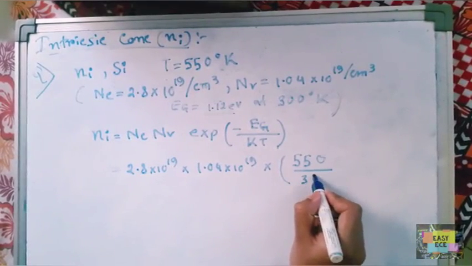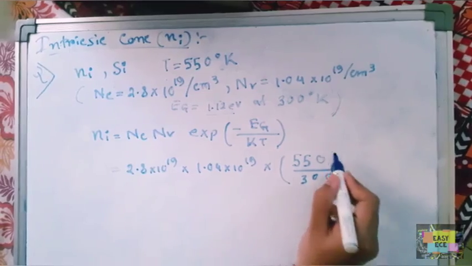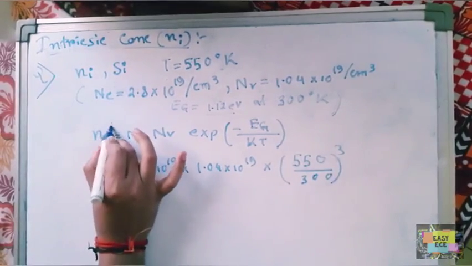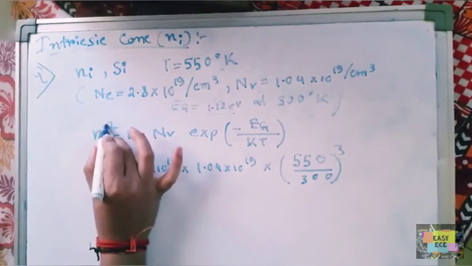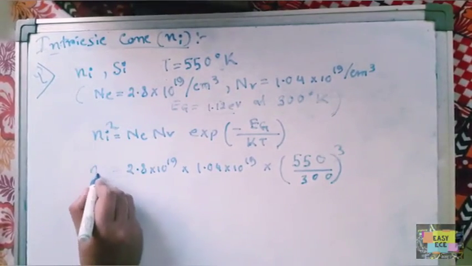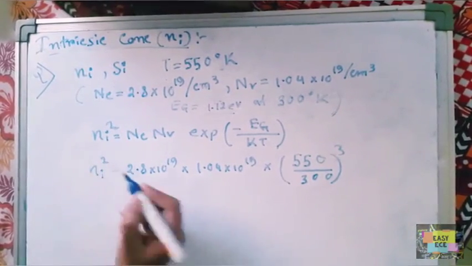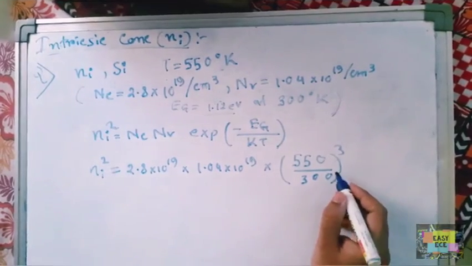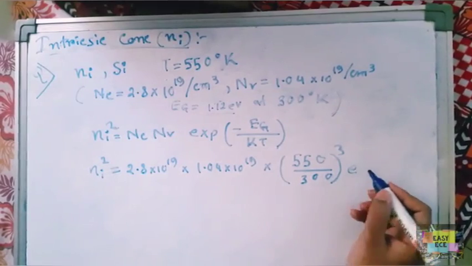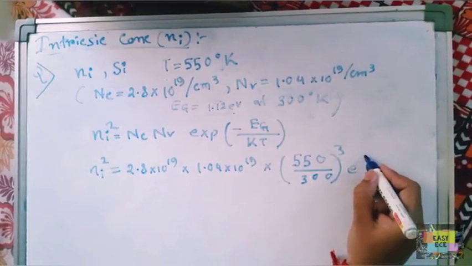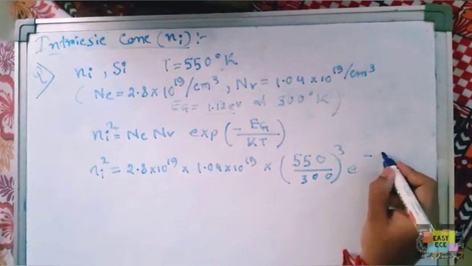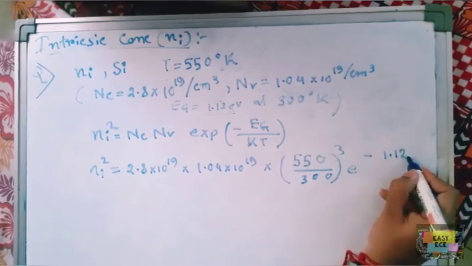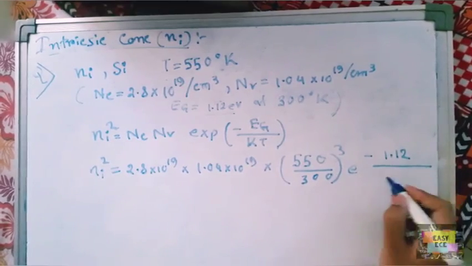550 divided by 300, to the power whole cube, gives Ni square. Now into exponential, that is e to the power minus the energy gap, 1.12 electron volt, divided by k.